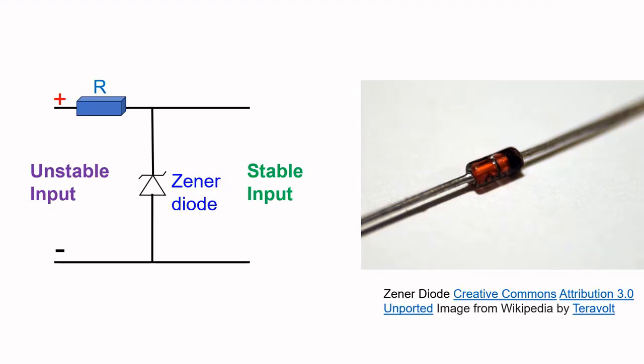A simple way to regulate the voltage is to connect a series resistor to drop source voltage to the required level and a Zener diode to shunt with reverse voltage equal to the set voltage. The Zener diode dumps current to maintain the set voltage if the input voltage rises above that.